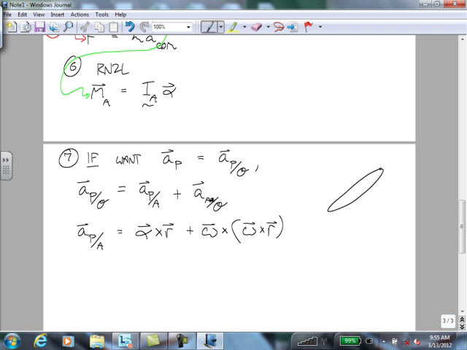So say you have something like this, and this fixed point is A. This point isn't going anywhere, no matter where the coordinate system is, right? So what's the acceleration in this coordinate system of A? It's zero, right? And so this equation reduces down to just saying, forget about all that, and you can just calculate the acceleration of that point P as this, okay?